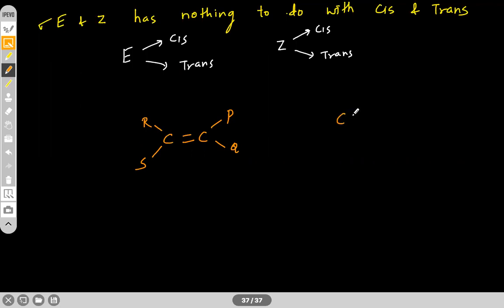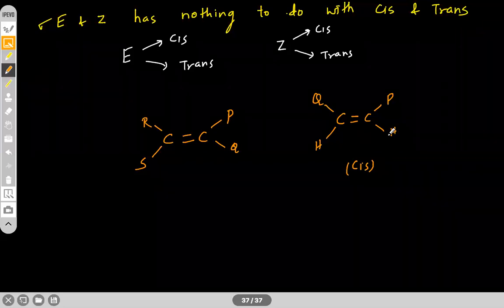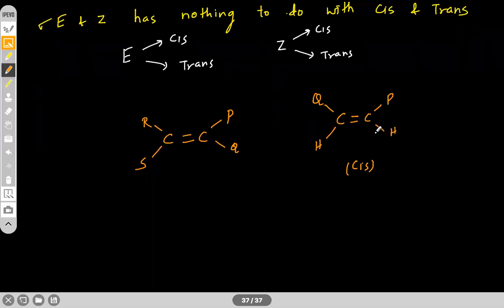If I write C double bond C with PH and QH, this is also a substituted alkene because these two groups are different. But with respect to hydrogen, we can say it is cis also, because identical groups or atoms are on the same side of the double bond, cis.